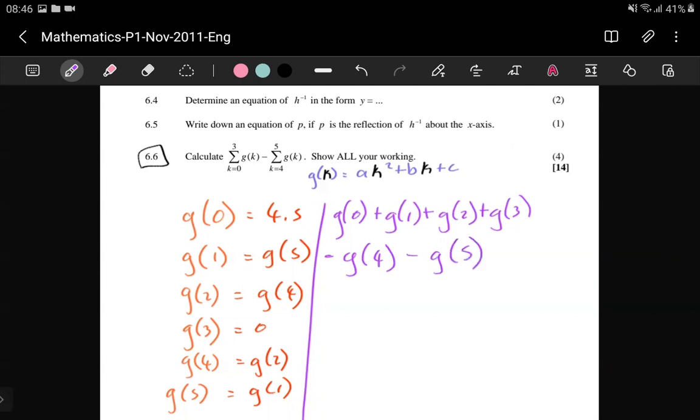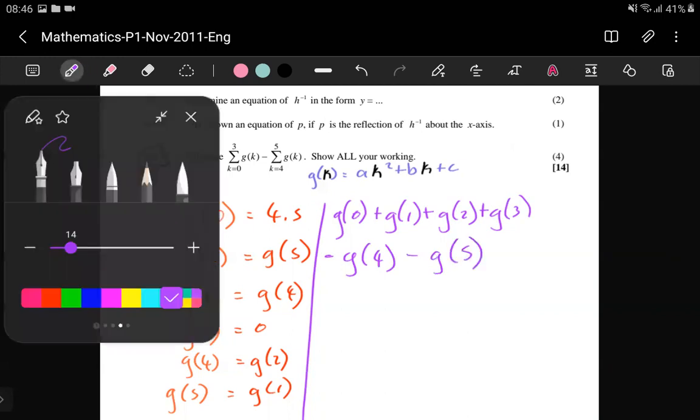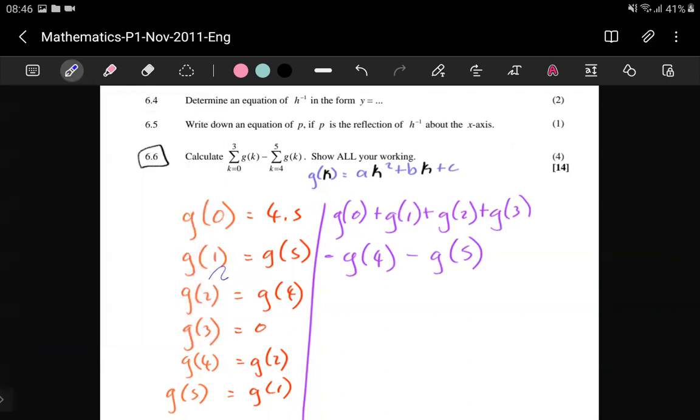Based on our calculations, we know that G1 is the same as G5. So the G1 here is going to cancel the G5 there. And then does the 2 cancel out the 4? Yes, the G2 here cancels the G4 here.